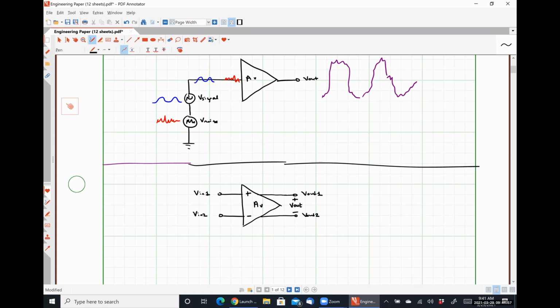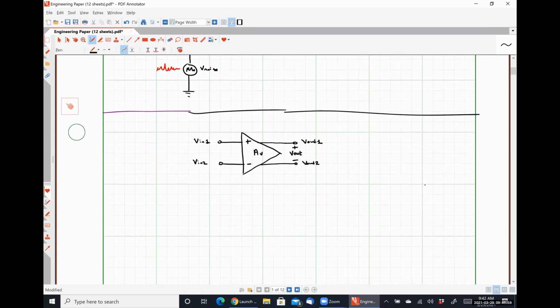So if I have such an application and I configure my circuit like so, where I have my signal applied here, and my noise applied here.